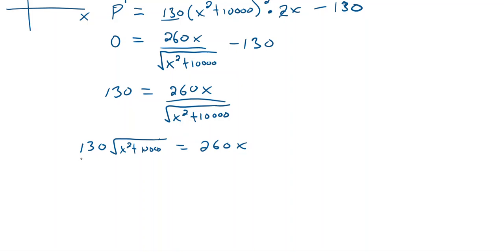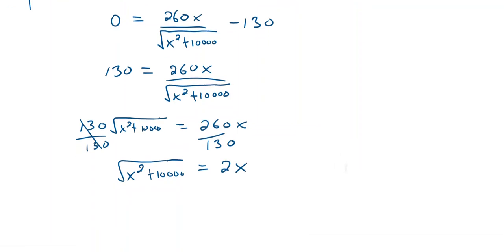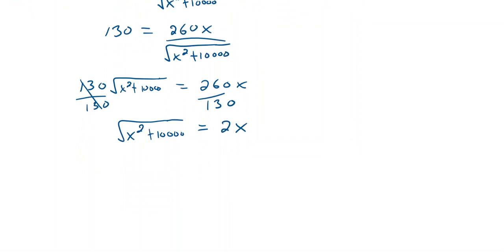So now let's divide both sides by 130. So we have the square root of x squared plus 10,000 is equal to 2x. And now at this point I need to get rid of this square root, so I'm going to square both sides.